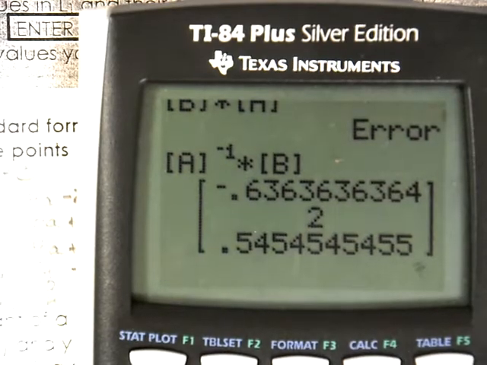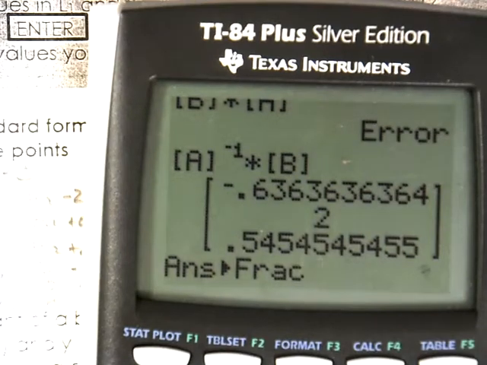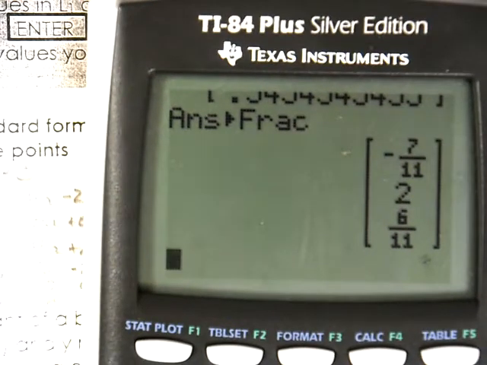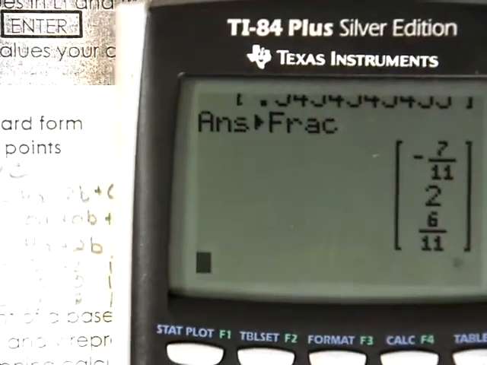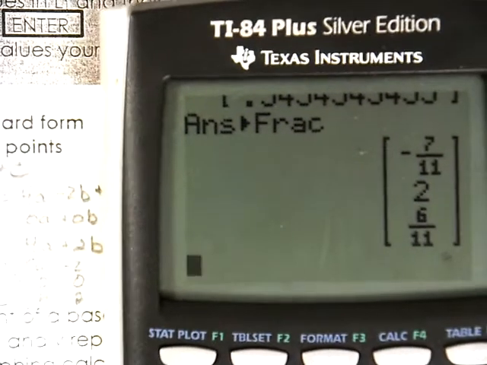So if we look at the math and we use fraction, we'll see if we can turn those decimals into nicer fractions. Okay, it's not what I expected. Not what I expected, but I'm going to look back and see what happened.